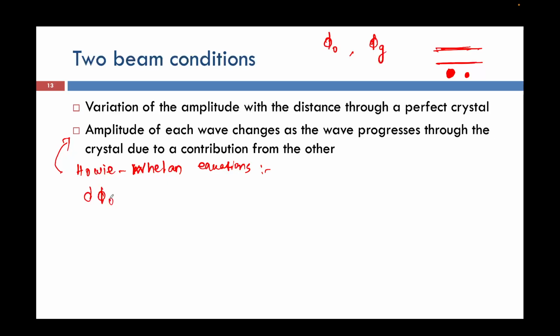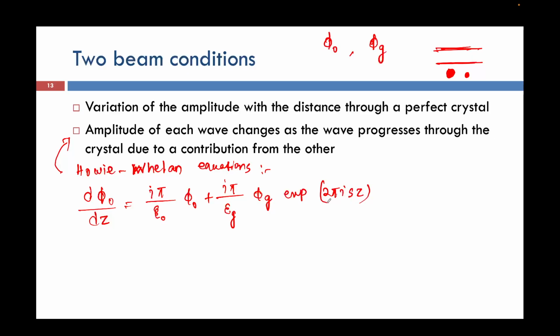d phi naught divided by dz. That means d phi naught by dz is the variation in the direct beam amplitude with distance, and it is given by i pi divided by epsilon 0 phi naught plus i pi by epsilon g phi g exponential 2 pi i s z.